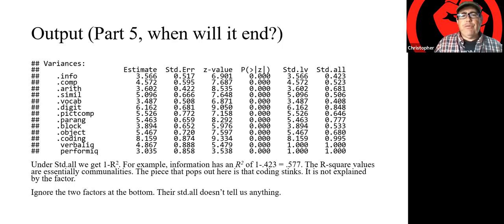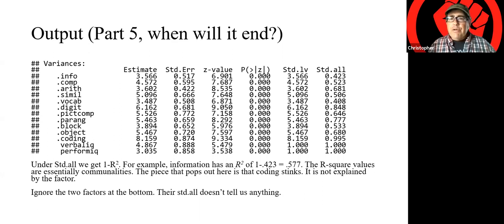So for example, for information, its STD all is 0.423. If we subtract that from 1, it's 0.577, which tells us we are explaining 57.7% of the variability in information. That R square value is basically a communality, like we saw with exploratory factor analysis.